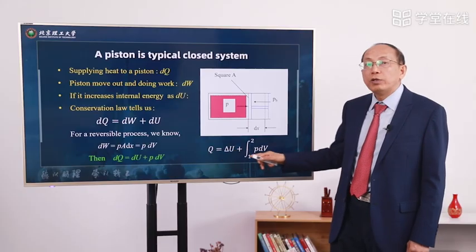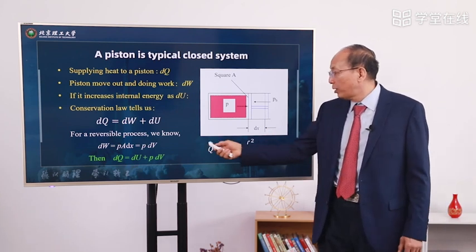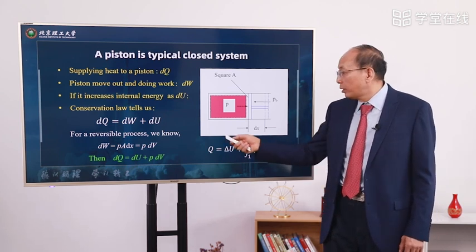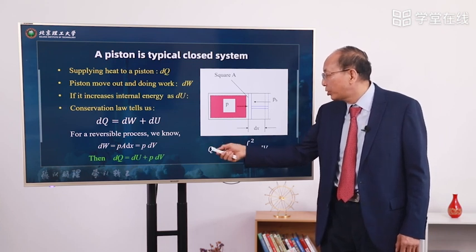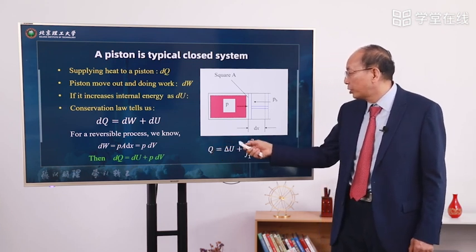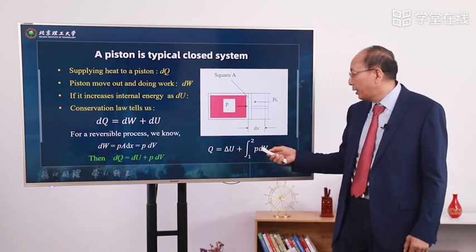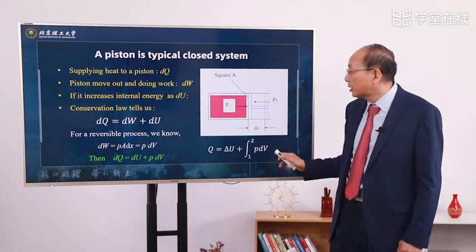If the process is large, we can use this equation to calculate: the thermal energy Q given to the system equals the internal energy difference plus the integral of PdV.